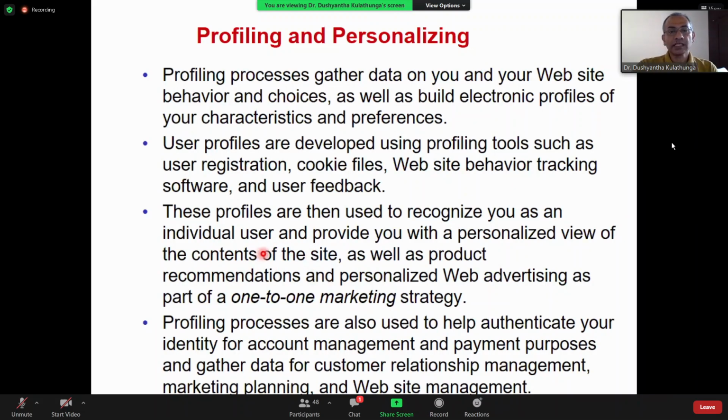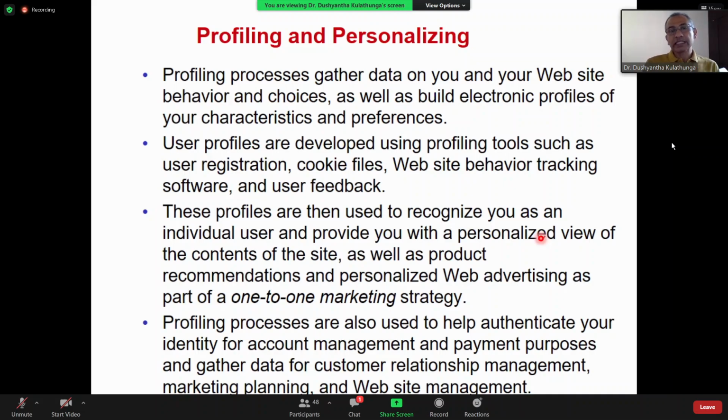Now, certain websites have this particular feature, providing a personalized view. Now, a personalized view is, say, a web page which will be displayed to match with your requirements. So then how do they do it? They will utilize your profile.